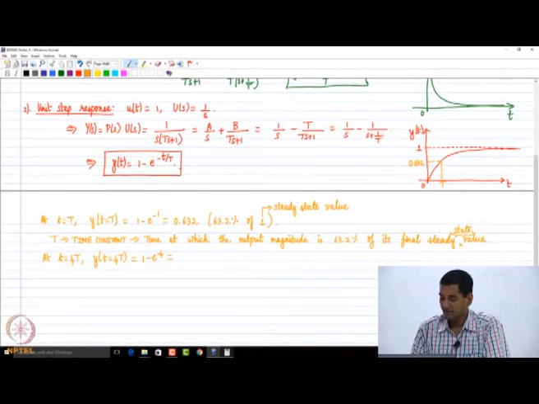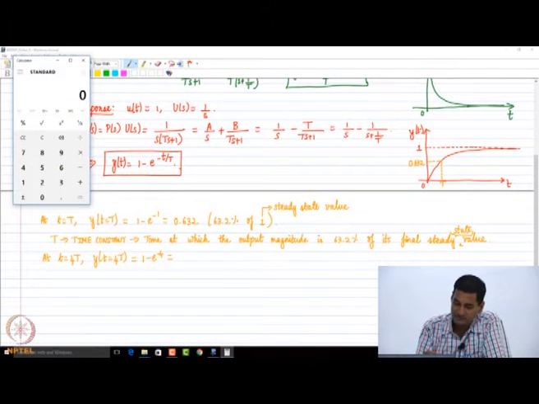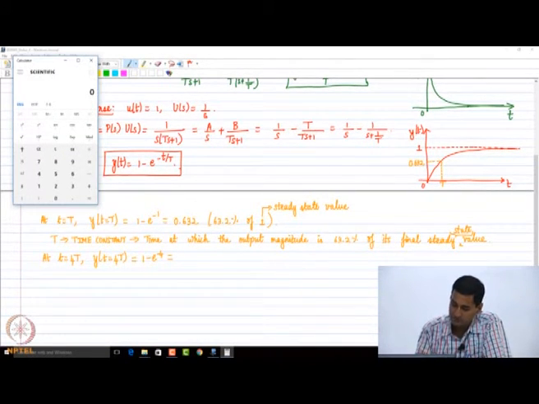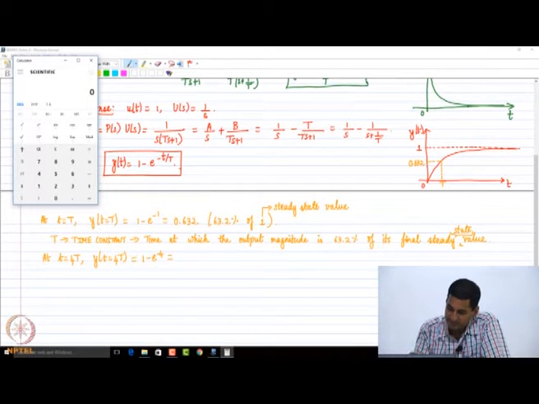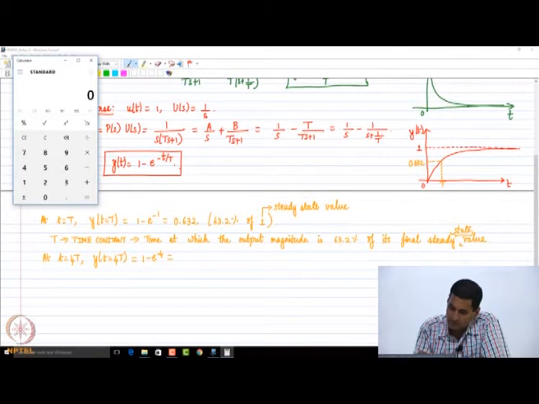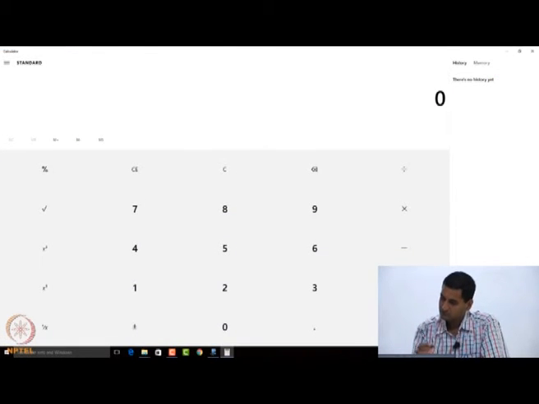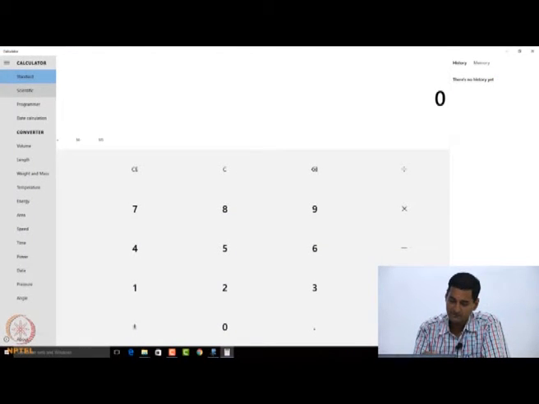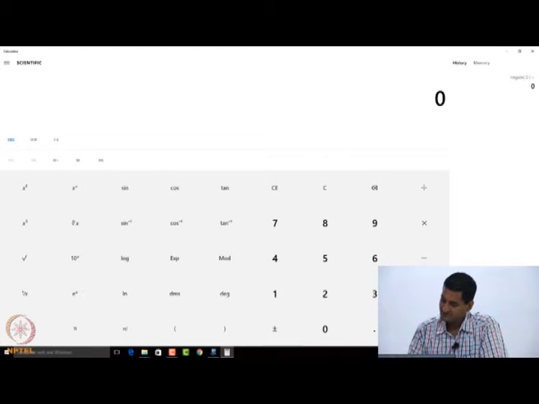Can you calculate and tell me what is 1 minus e power minus 4? I think I'm doing something wrong here. 0.981. Okay, here it is.